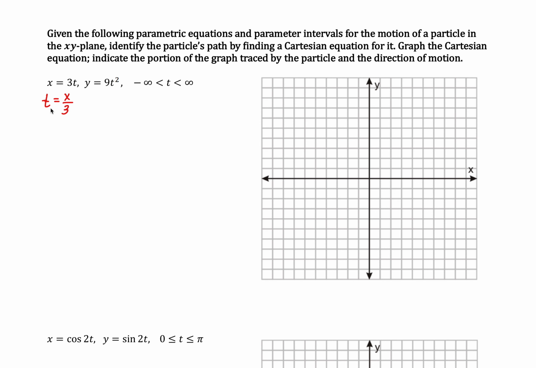And now that I know that t equals x over 3, I can go into that second equation, y equals 9t squared, and replace t with x over 3. So we have y is equal to 9 times x over 3 squared. So y is equal to 9 times x squared over 9, or just y equals x squared. So in this case, we're just going to be graphing a parabola.